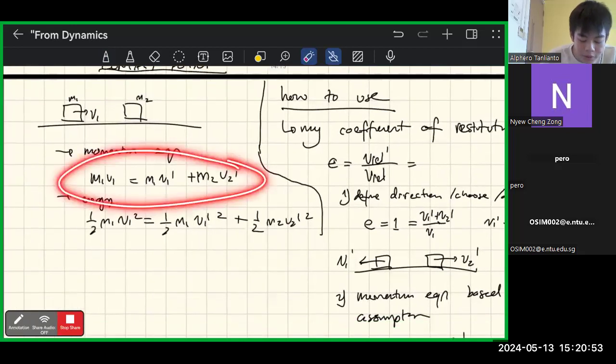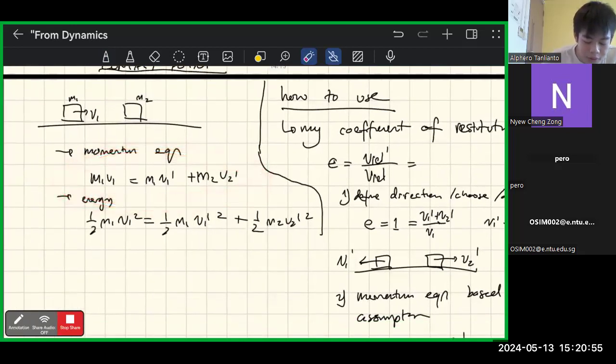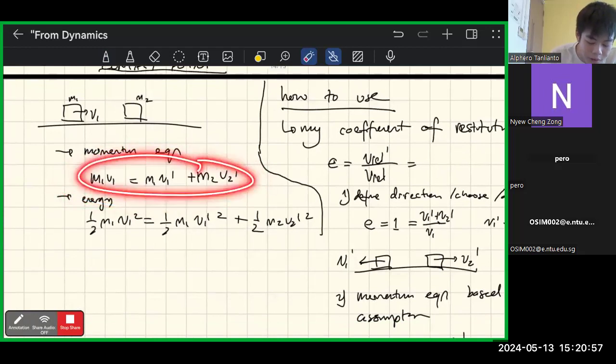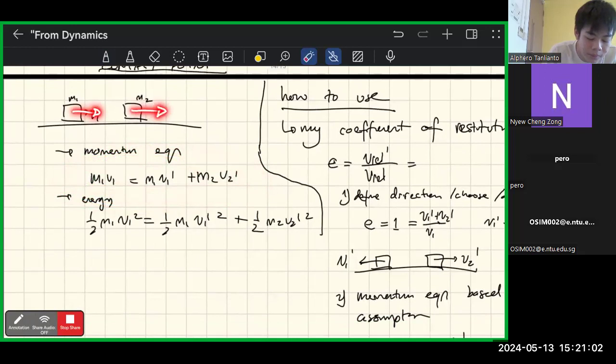For the momentum equation, if you're using this one, you're just assuming that after the collision m1 will move to the right and m2 also moves to the right. And if m1 is moving to the left, v1 prime is going to be negative.